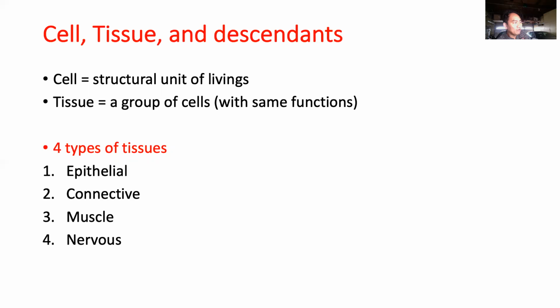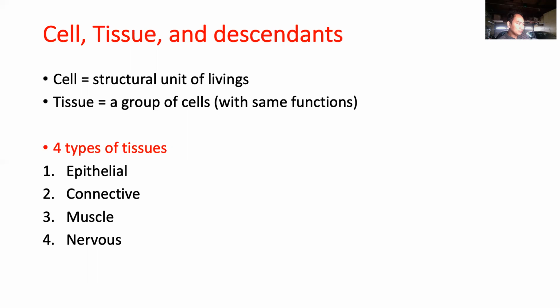Generally, we have 4 tissue types in our body: number 1, epithelial tissue, number 2, connective tissue, number 3, muscle tissue, and number 4, nervous tissue. We have studied epithelial tissue, which is squamous, cuboidal, columnar epithelium, and connective tissue, like blood, bone, cartilage, and connective tissue proper. Now we get to the stage of learning muscle tissue.